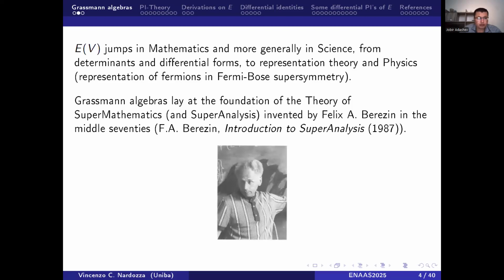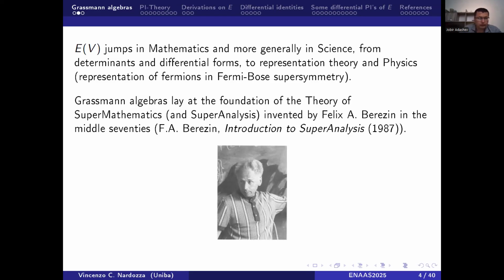Grassmann algebras are not a joke for algebraists. It is an important object in mathematics, and it is an important object in science as well, because, for instance, it is involved in several important physics topics, like supersymmetry.